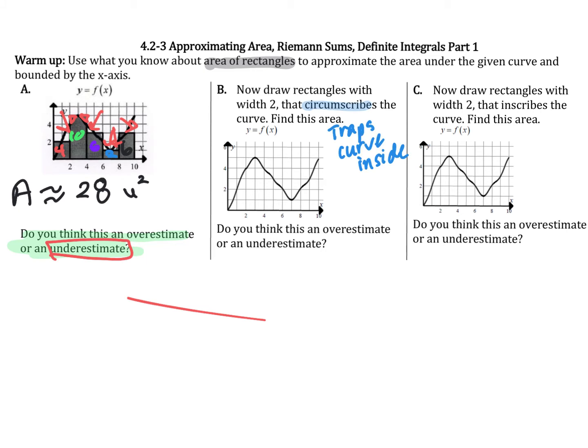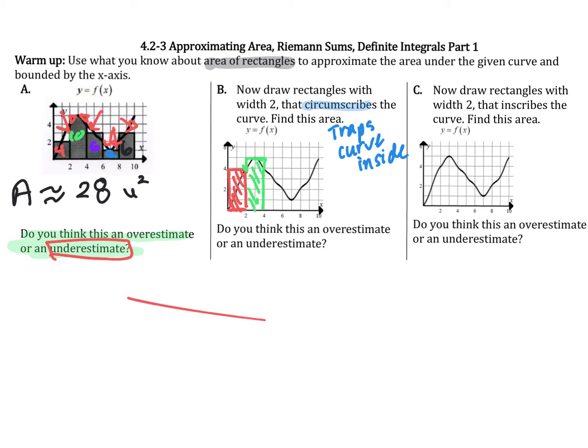And in case you don't remember what circumscribe means, it means that the curve is trapped completely under this rectangle. So if I was going to do that here and I have a width of 2, I want this to be completely under, so I'm going to make my rectangle here. Same thing for the next rectangle. I want the rectangle to go up so that the entire curve is below.